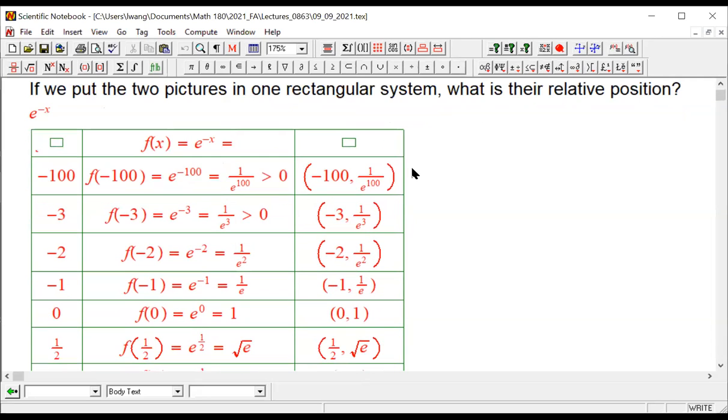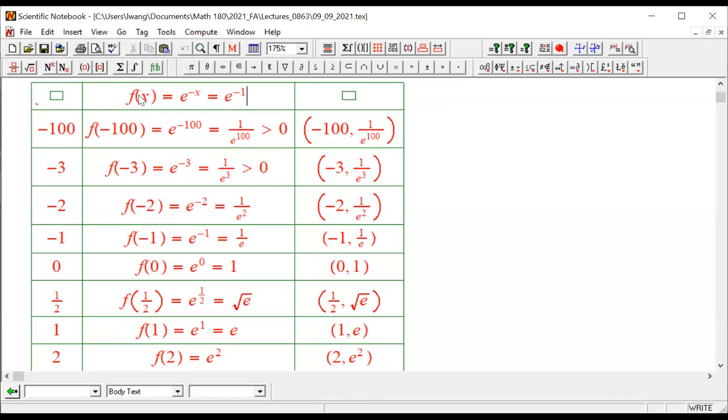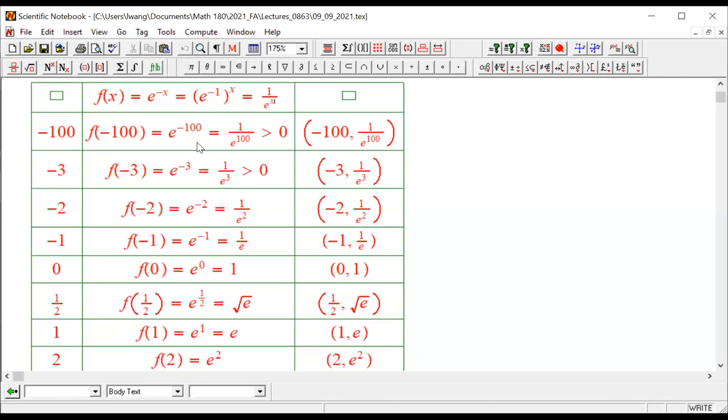Because e to the power negative x becomes what? It's really e to the power negative 1, in parentheses, to the power of x. So the base is 1 over e, to the power of x. Do you follow me? Yes. Does everybody follow me? Yes. All right.